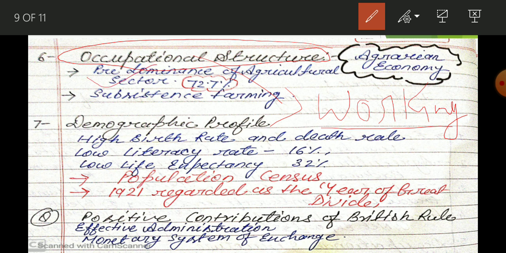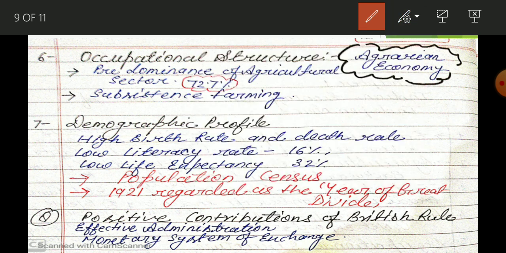Why do we say predominance of the agriculture sector? Because 72.7% of people were engaged in the agriculture sector, and even then we were not able to fulfill our basic requirement of food grain. Why? Because we had subsistence farming.